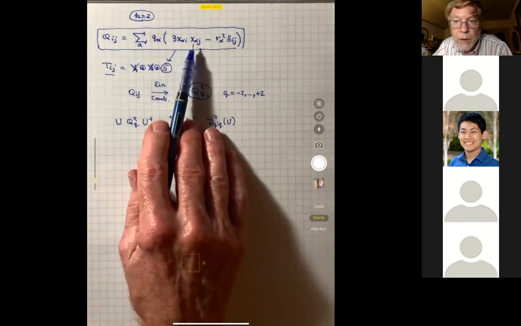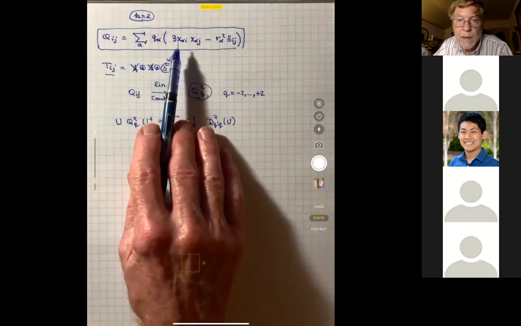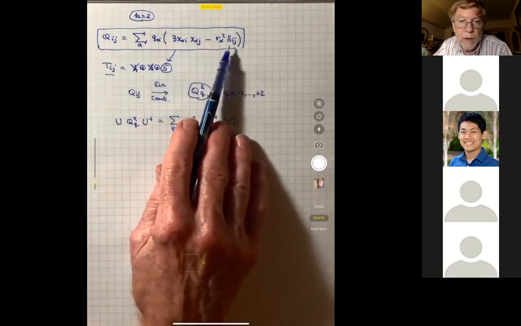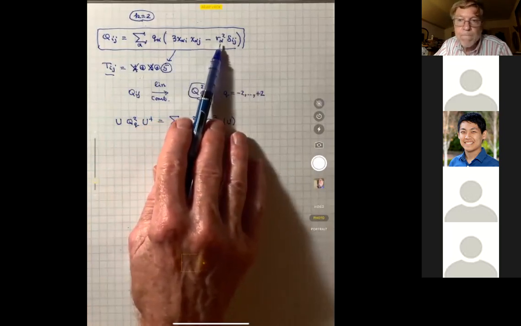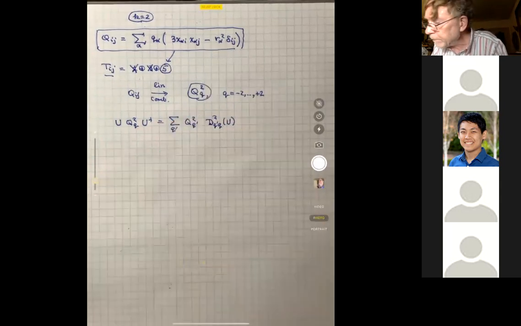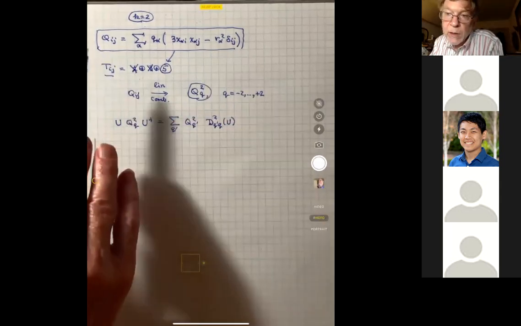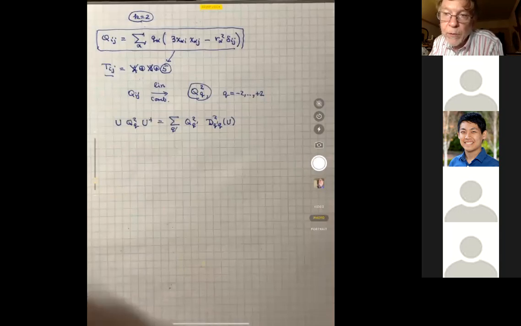It's the outer product of the position operator for the charged particle times itself. Oh, yes, of course. Sorry. Yeah. See that? And the R alpha squared here is the trace of that. Yes. Okay. Thank you. Yep. So the quadrupole moment tensor is actually a linear combination of such outer products.